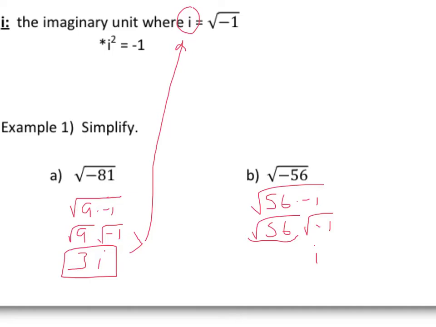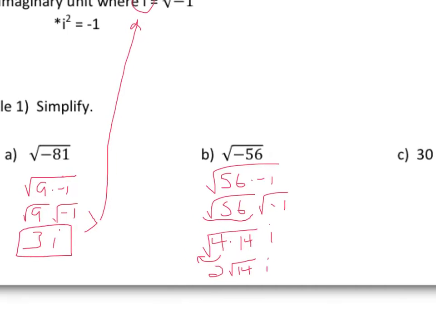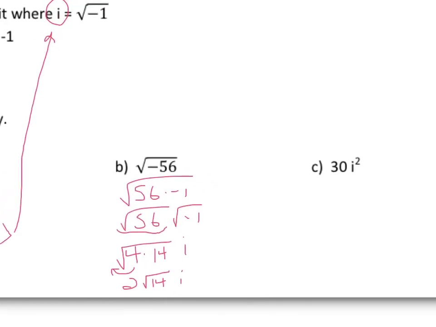That's 4. So this becomes 4 times 14. Root 4 is 2. You cannot root 14, and you have this i. So the appropriate way to write this answer is 2i root 14.